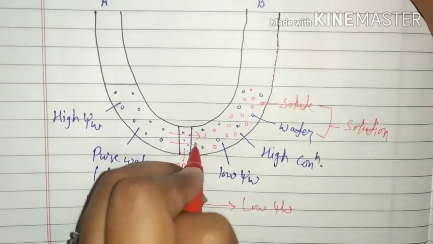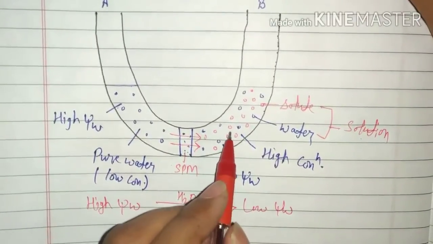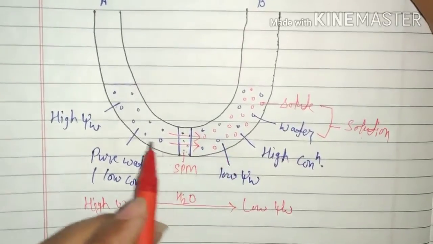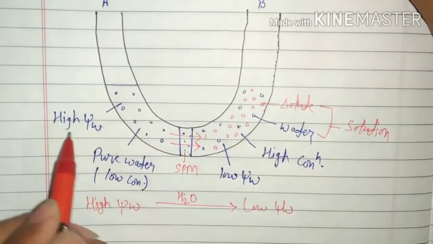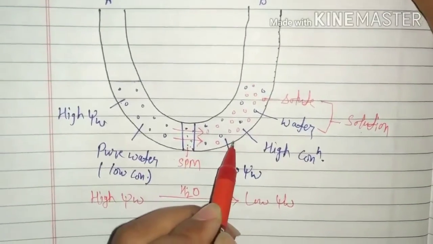It means water moves from the A chamber to the B chamber, because the A chamber has high water potential and the B chamber has low water potential.